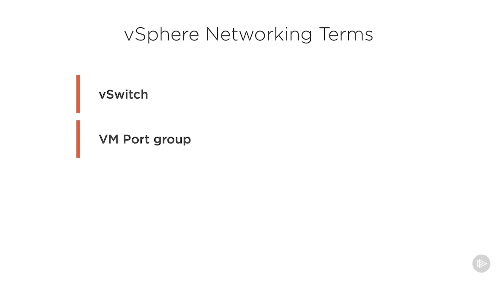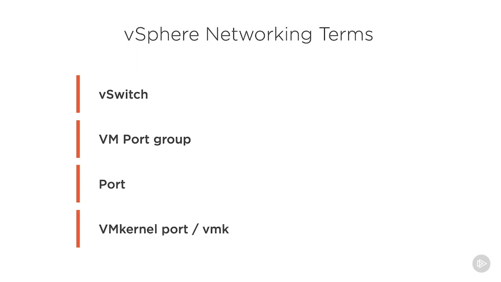Port groups are very much a management concept, as you can configure features like traffic shaping, teaming, and failover on a port group basis. The next term is port. Every virtual switch has a number of virtual ports. So just like a physical switch where you plug in a physical network interface cable, you're going to be connecting a virtual network interface card to a virtual port on a virtual switch.